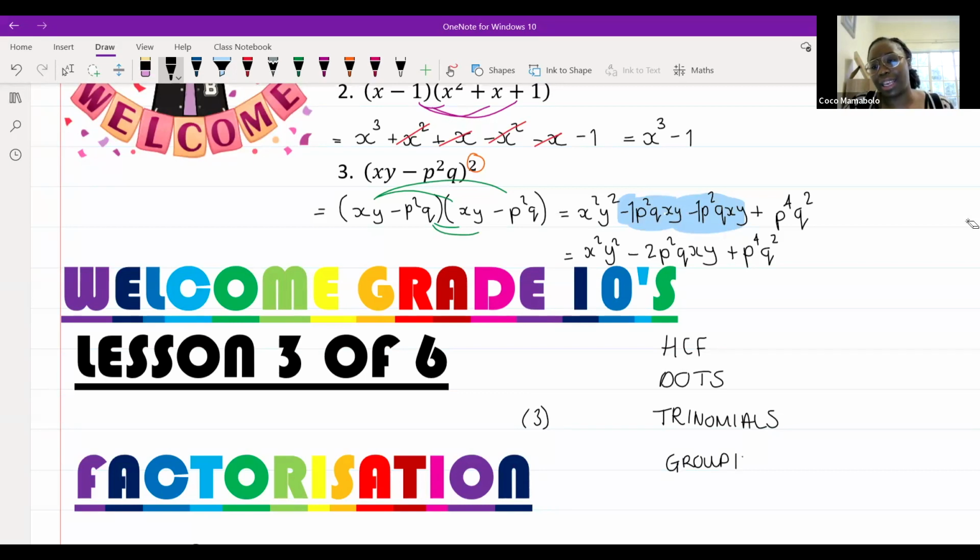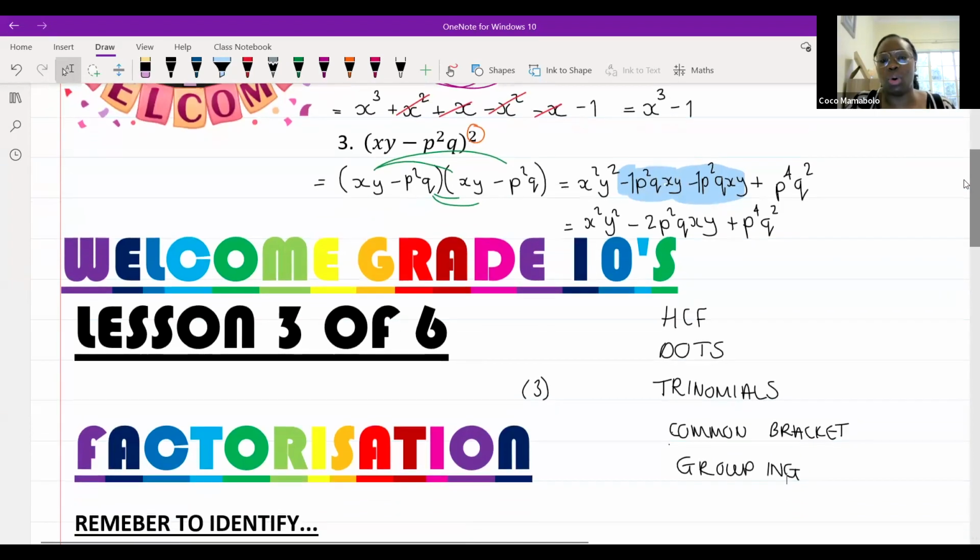But I like to break up my HCF into a little bit more. Let me do this rather. I'm going to add in common bracket. Then we're going to go into grouping. And because this is grade 10 and not grade 9 anymore, we're going to add the sum and difference of cubes, the plus and minus of cube numbers.